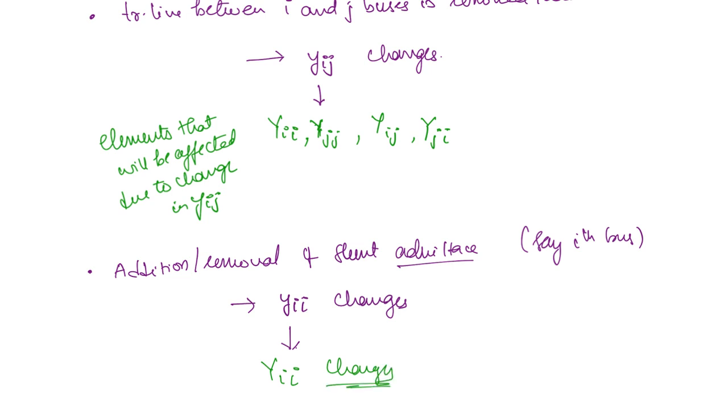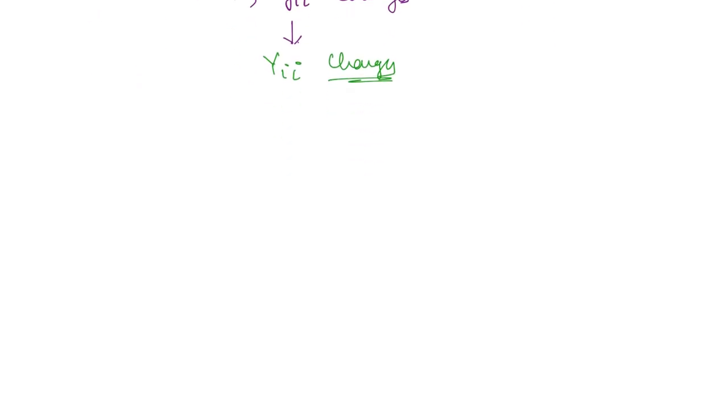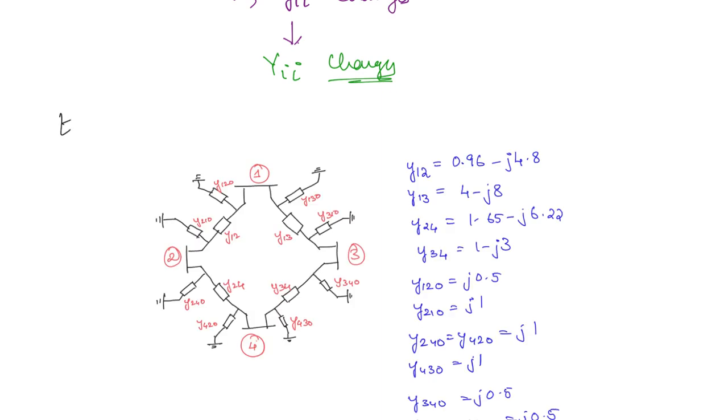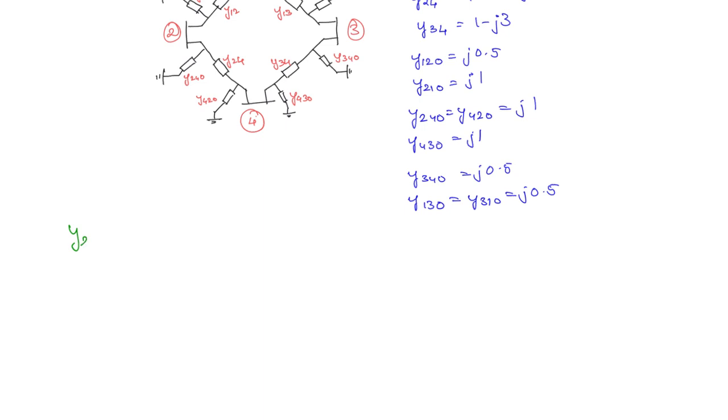Okay, so we will take the help of an example. We will take the same example, but what we will do here, we will remove the transmission line between bus 2 and 4. Okay, and then we will find the admittance matrix. What will be the modified admittance matrix? Y24 new is 0, y420 new is equal to 0, because now there is no transmission line.